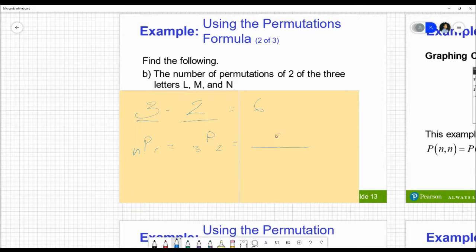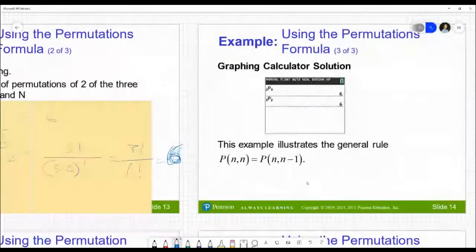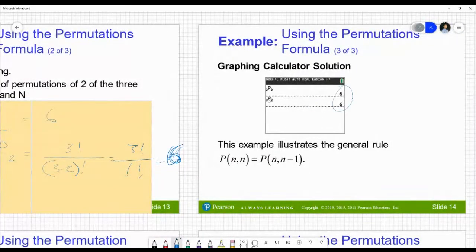So let's see what we get here: 3 factorial over 3 minus 2 factorial equals 3 factorial over 1 factorial, which is still 6. Any questions here? And you can see here, 3 P 3 would be 6, and 3 P 2 is still 6.